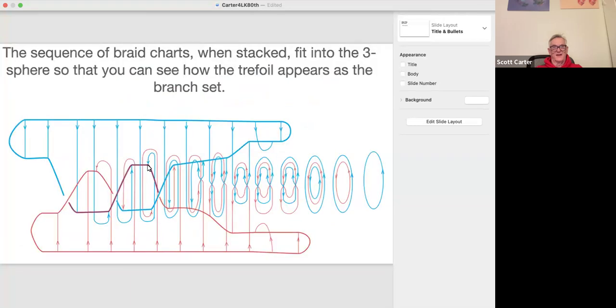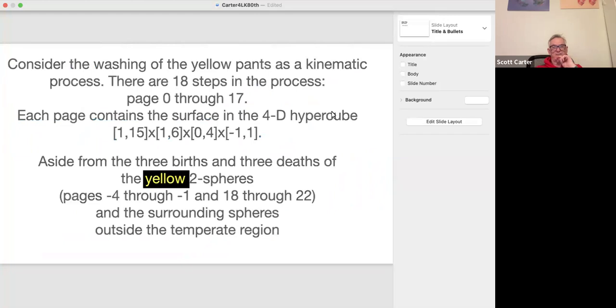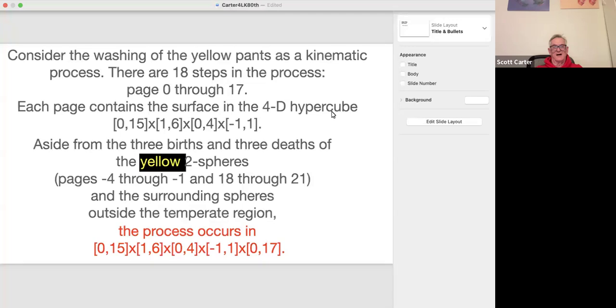And that whole process, that sequence of braid charts, you can actually fit inside 3 space with the trefoil as the boundary. And the trefoil then appears as the branch set there. So the entire process, except for what's occurring on the yellow 2 spheres, lives inside this bit of 5-dimensional space.